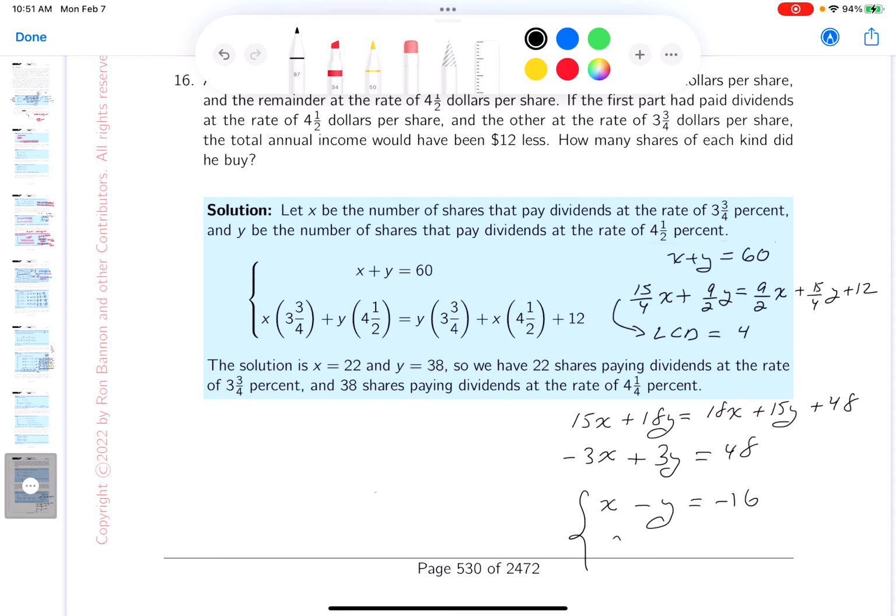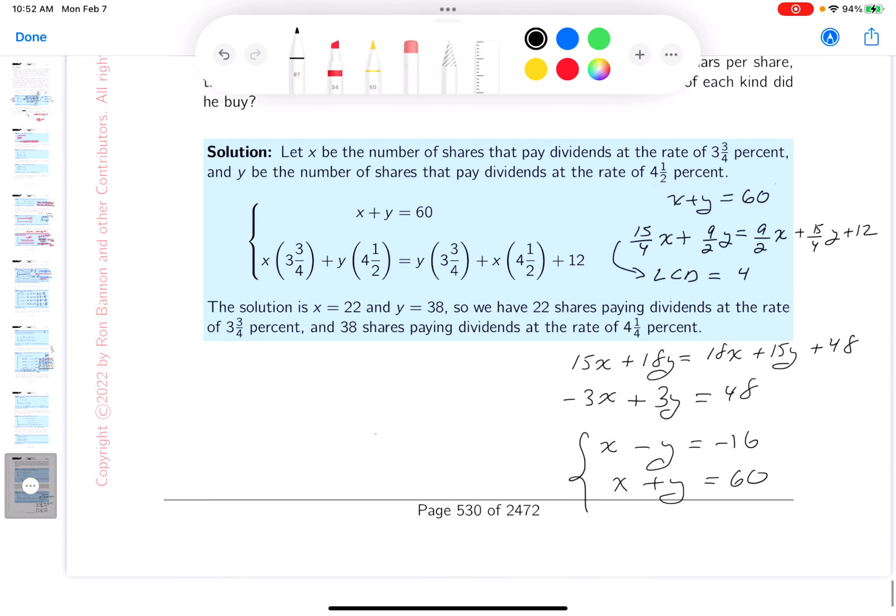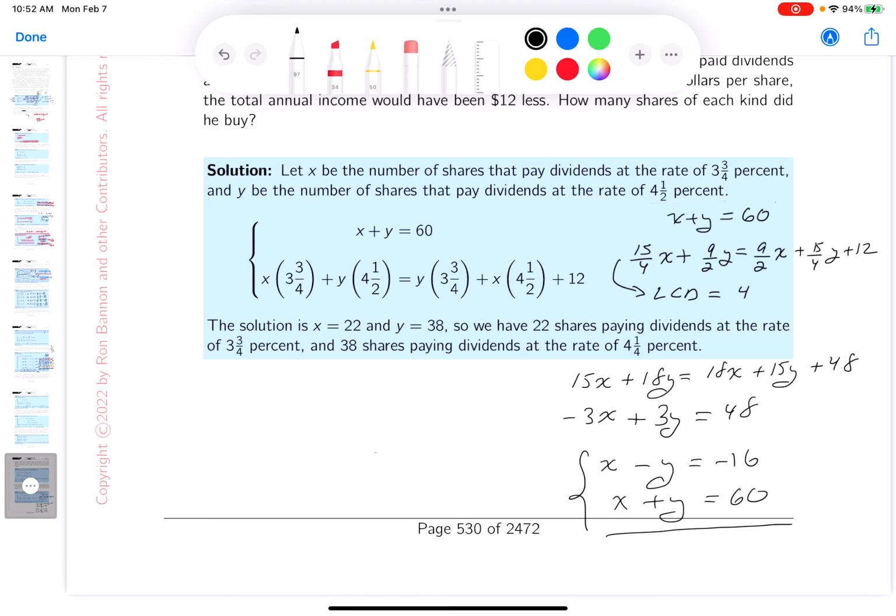And what do you get over here? X plus y is equal to 60. I'm going to add them together. You're going to get 2x equals, let's see, what would you get? You get 44, right? And x would be 22. All right? Now what's y?